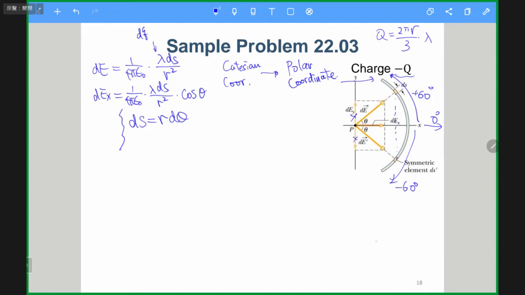In a polar coordinate, we express a point with the distance r and also theta.